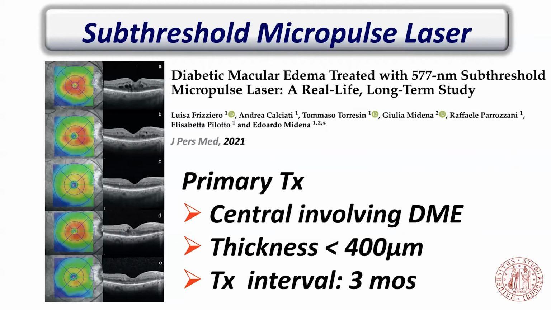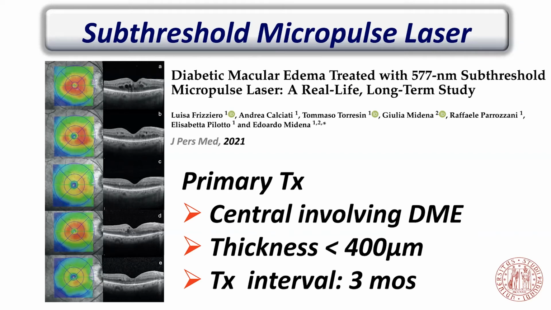And now I'm offering you some, not guidelines, but the algorithm we are currently using. The quoted paper is a paper we recently published, when we analyzed a cohort of around 130 cases of naive DME eyes, just followed for more than 1 year and just treated with pure micropulse, no injection at all.